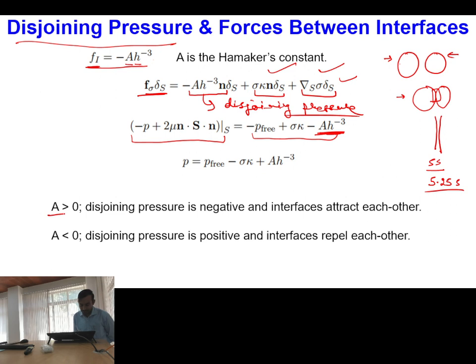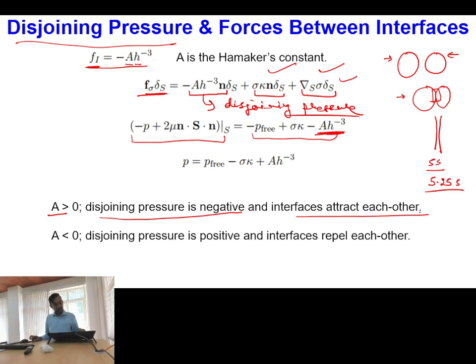If coefficient A is greater than 0, in that case disjoining pressure will be negative. If disjoining pressure is negative, then ultimately it is decreasing the total magnitude of the difference between normal forces, so the interfaces will attract each other.